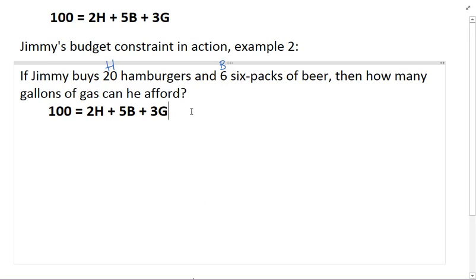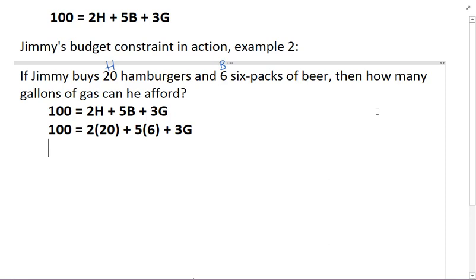So let's put in the numbers for H. Two times 20, that's H. B is 6. We have that. We don't know what G is. We're trying to figure out what G is. So if we do some math, we'll be able to get this.